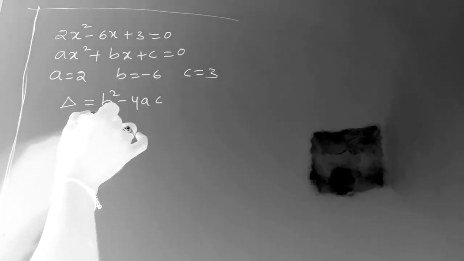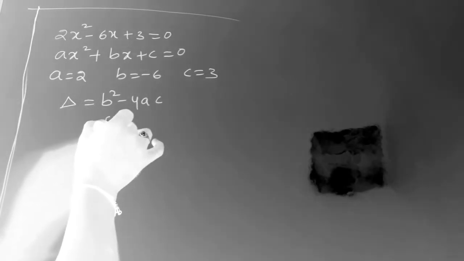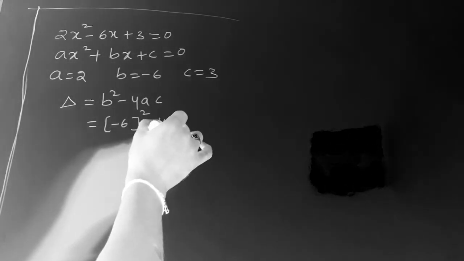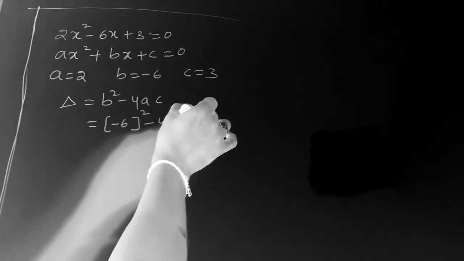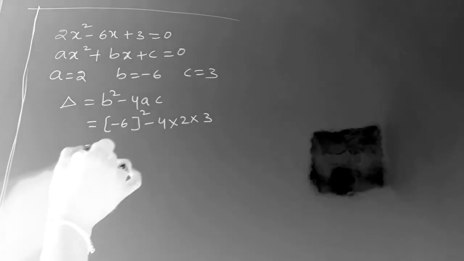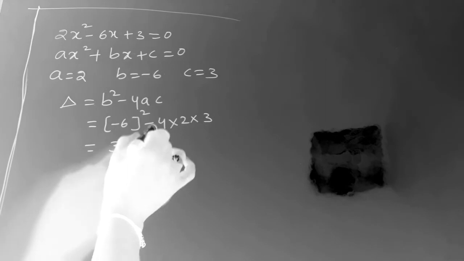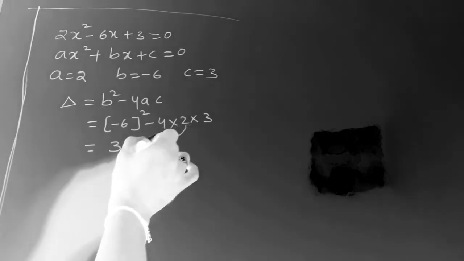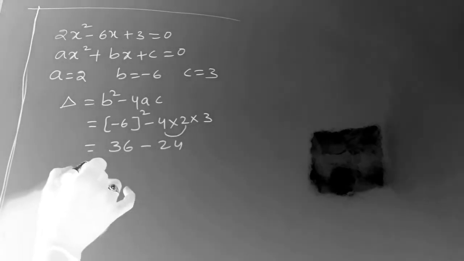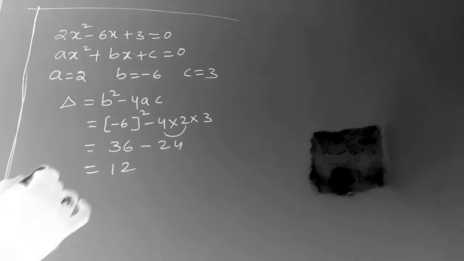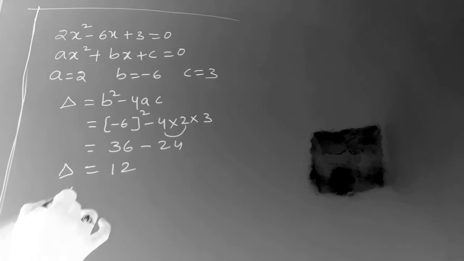So what is the value of b here? Minus 6 whole square minus 4 into a is nothing but 2, c is nothing but 3. Minus 6 square, it is nothing but 36 minus 4 2s are 8, 8 is a 24. So what is the difference? 12 I am getting. So here delta is positive.